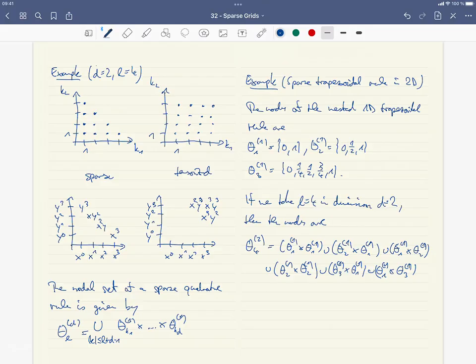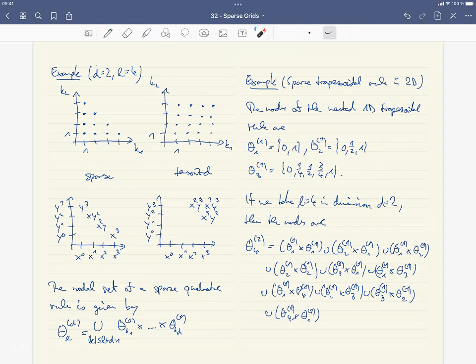And then we have the sum equal to 5. So union with theta 1 1 cross theta 4 1, theta 2 1 cross theta 3 1, theta 3 1 cross theta 2 1, and finally theta 4 1 cross theta 1 1.